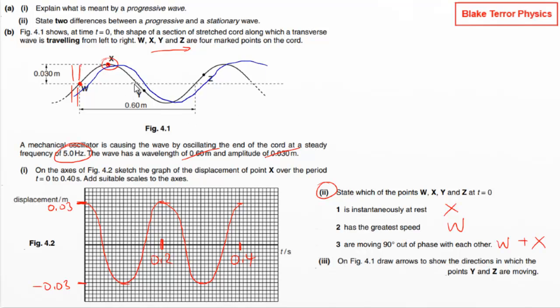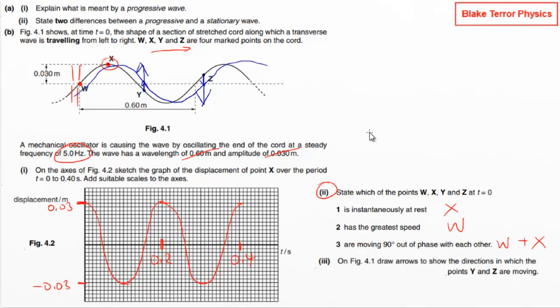Y and Z are both going up and down, of course. So Y has now moved up to there, Z has moved down to there. So make those arrows maybe a little bit bigger. Let's do a big down arrow for Z, big up arrow for Y.